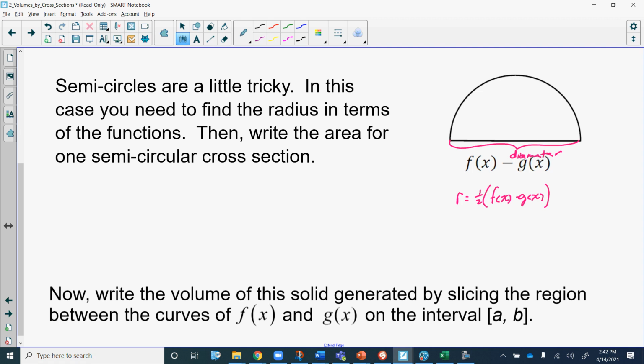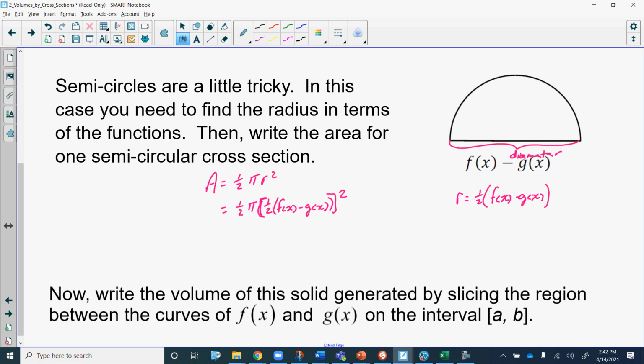So the way that I would represent the area here, of course, the area of a semicircle is 1/2 pi times the radius squared. So if we do our substitution for the radius, let's just say 1/2 pi times, and let's put this in brackets, 1/2 of f of x minus g of x, and that whole radius is squared.